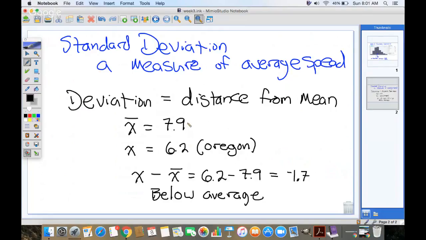So we have to take that into account too. So we use mean and standard deviation together when we're comparing two different populations. And so what we do to calculate standard deviation is we find the deviation of all items in our list. That tells us whether they're below average or above average. So I could do that in my data here.